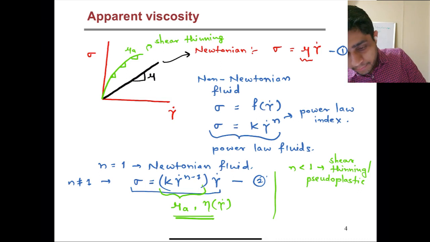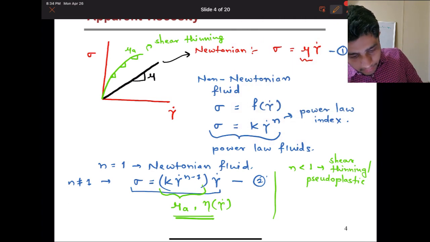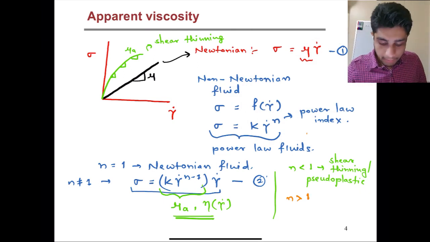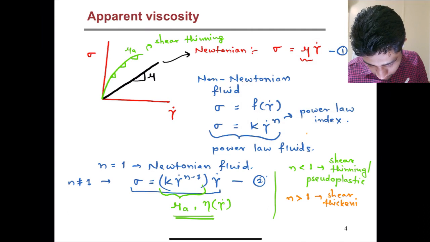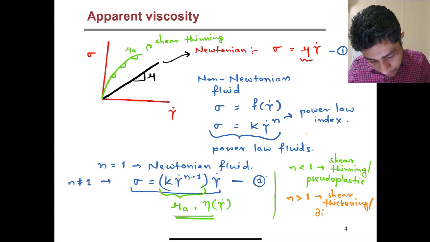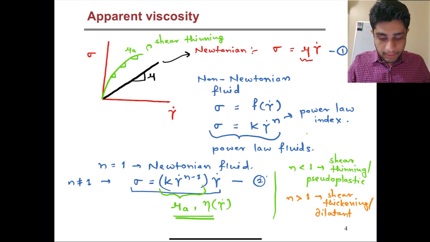Now if the power law coefficient n is greater than 1, then that fluid is called a shear thickening fluid, or it is even called a dilatant. So these are just names given to these different materials by the scientific community, and since they are very old, people still use them.